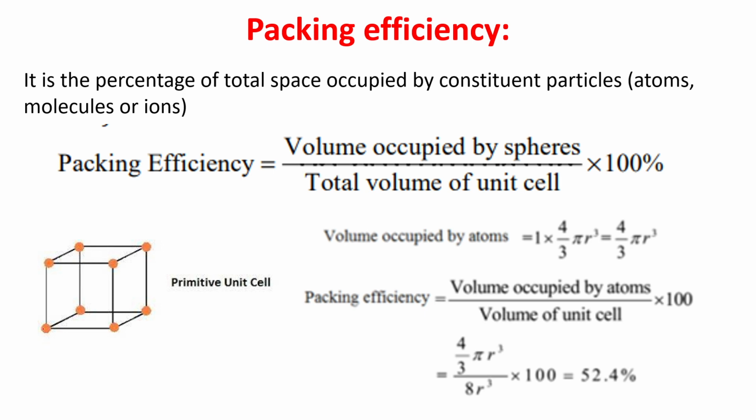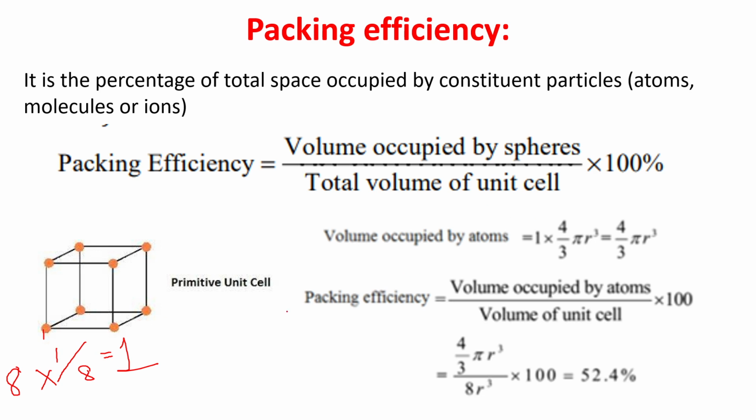I told you that each one of these has a contribution of 1 by 8, so 8 such molecules having a contribution of 1 by 8 gives a Z value, that is, the overall value of the particles present in the primitive unit cell is 1.